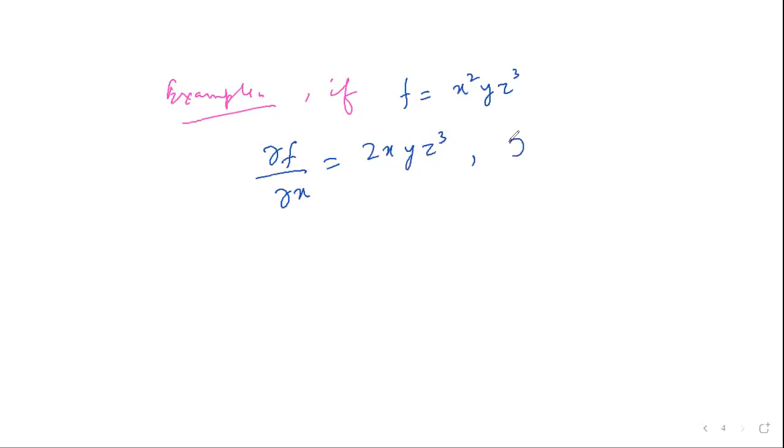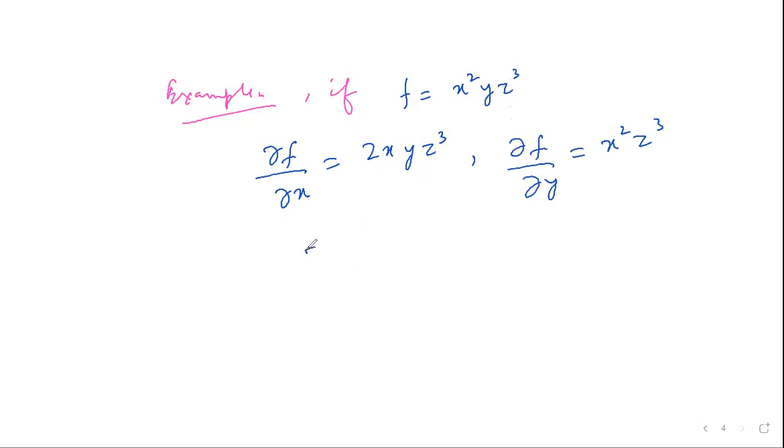If I have to find dou f by dou y, what will be my answer? x square z cube will be factored out because they are constants. Dou y by dou y will be 1. So it is x square z cube.